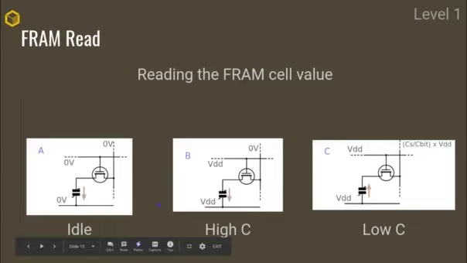Now, let's see how this actually works for reading. Well, at the beginning, I'll have an idle state. So this is basically when it's doing nothing, I'll have 0, 0, and 0 on all lines. So I'm not applying any voltage to it.